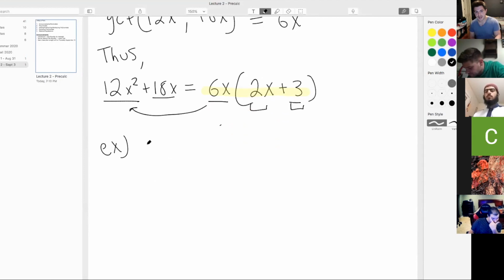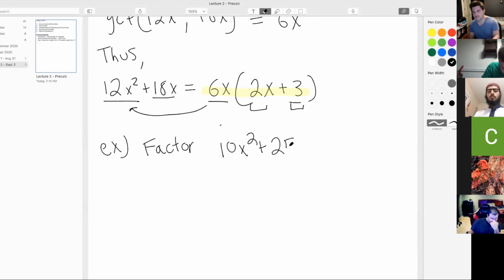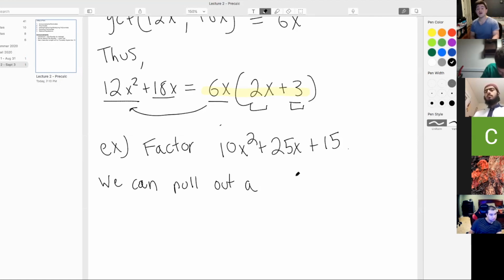How about this guy? Factor 10x squared plus 25x plus 15. So what can we pull out from each term? We can pull out a 5. We can take a 5 out of each term.